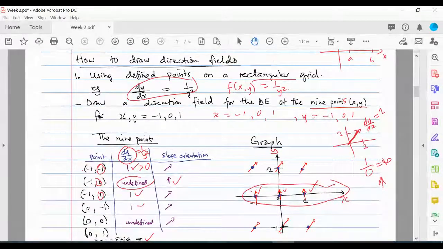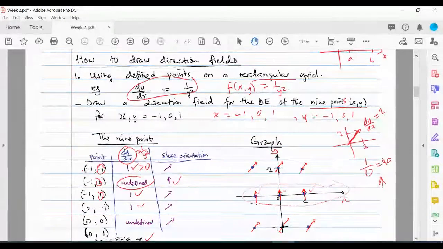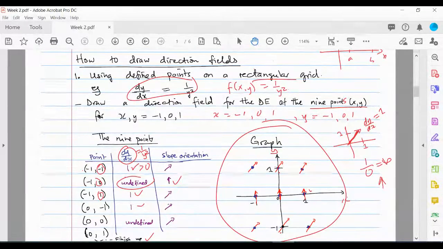So what we have now on this grid is what we call the direction field. This is the set of lines that show the orientation of the slope of the slope function f at every specified point (x, y).